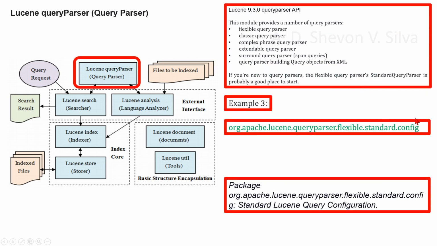As an example 3, we can consider the org.apache.lucene.queryparser.flexible.standard.config package, a standard Lucene query configuration. The package org.apache.lucene.queryparser.flexible.standard.config contains a Lucene query configuration handler, StandardQueryConfigHandler.